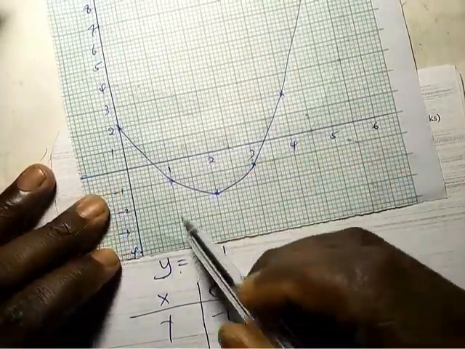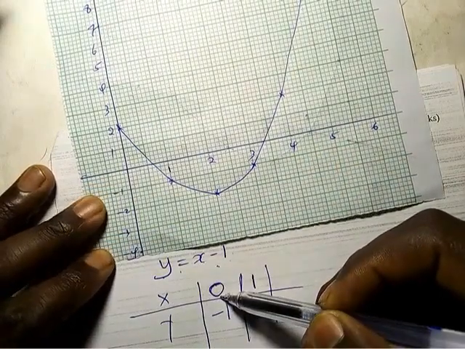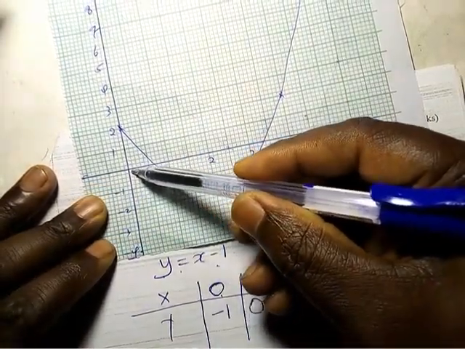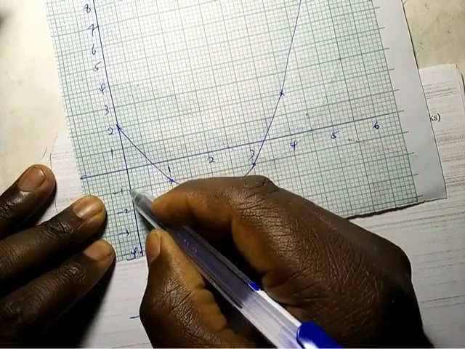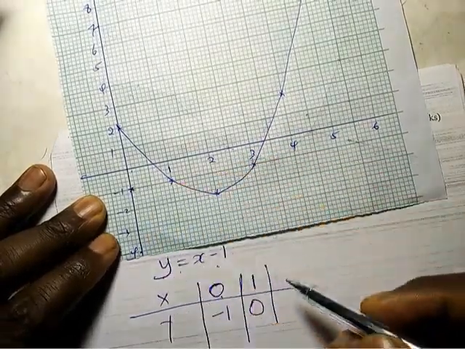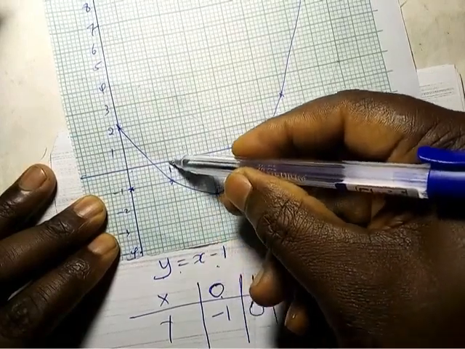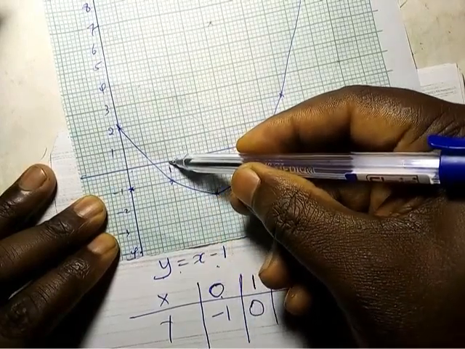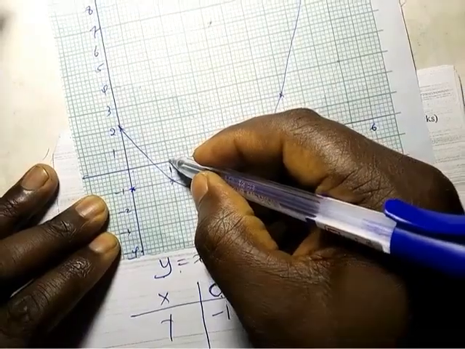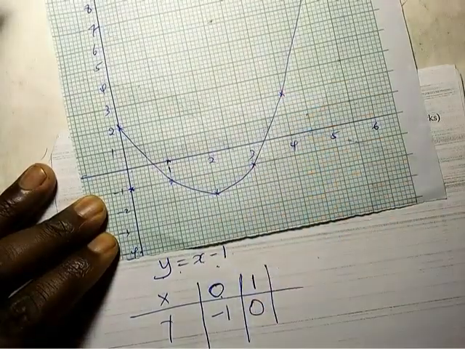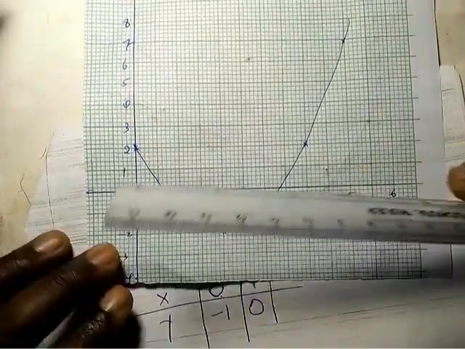When x is 0, y is negative 1. So we put negative 1 here. When x is 1 here, y is 0. So that is the point. So I have only two points, and those are enough to draw a line.